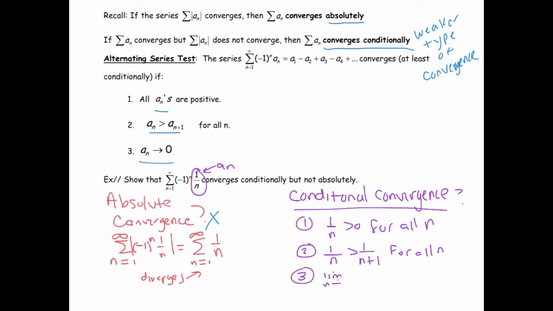Well, the limit as n goes to infinity of 1 over n is equal to 0. So all three conditions are met, and we can say that this converges conditionally. Okay, so you want to get into the habit of always checking absolute convergence for an alternating series, and then if it fails, then you'll try the conditional convergence test. And here's a case where it passed.